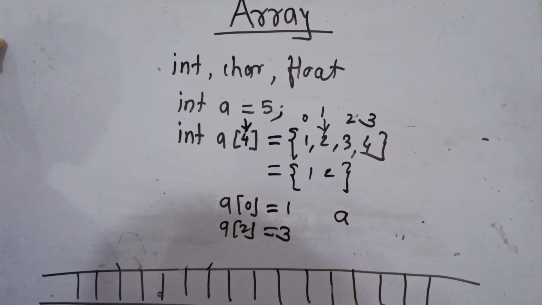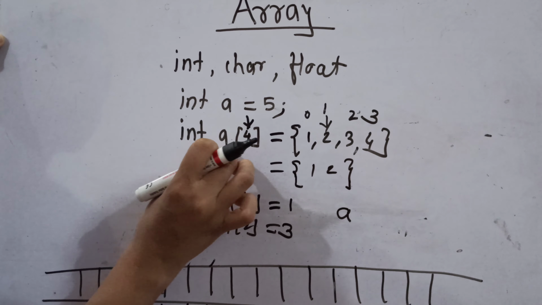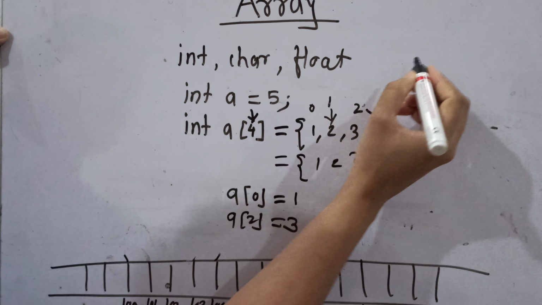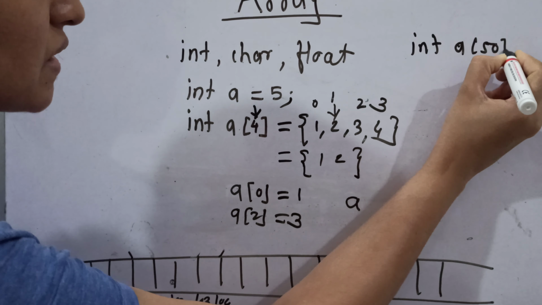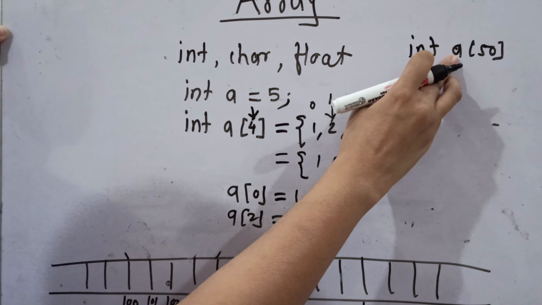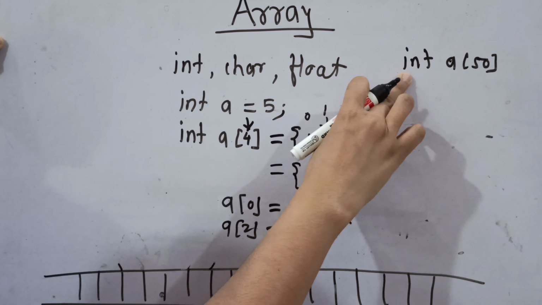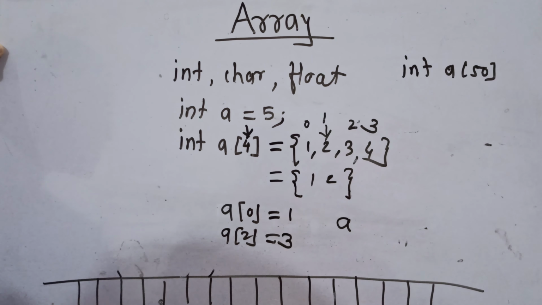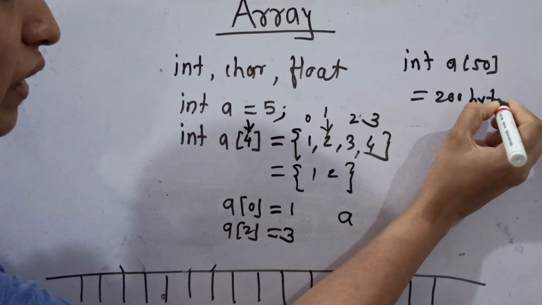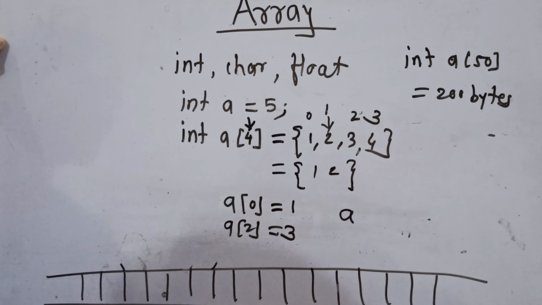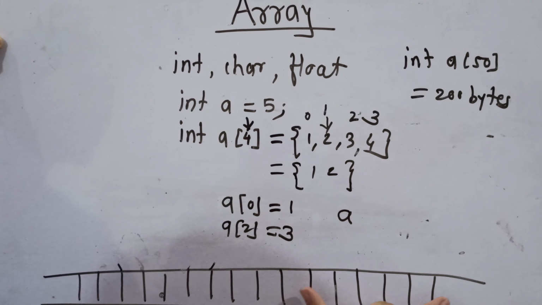How is it a disadvantage? Suppose I have declared the integer a of 50. If for the integer we are taking 4 bytes, then 50 into 4 is a total of 200 bytes, which will be reserved at the time of compilation.